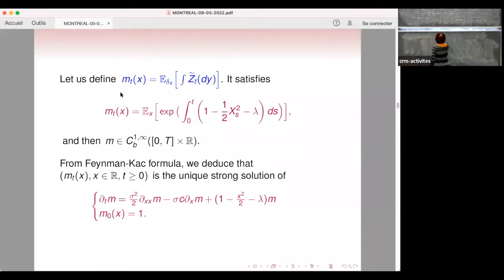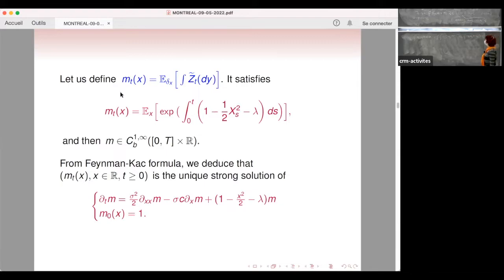So you have sigma square over 2 times the integral of d second derivative of m t f, minus sigma c integral of dx m t f, and plus the term of order 0, m t f integral.